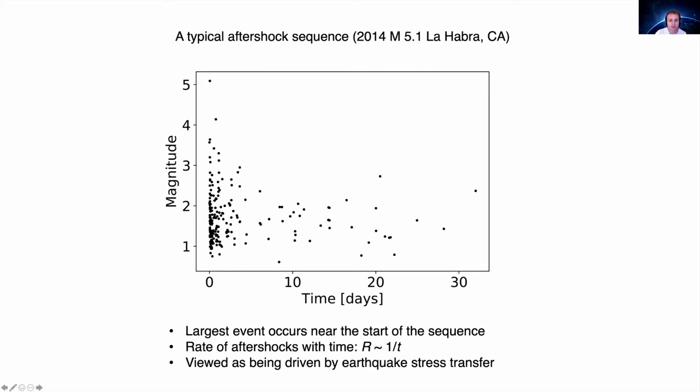In a sequence like this, there may be a few foreshocks, and then the largest event will happen. That becomes the main shock because of its magnitude. It is followed by aftershocks, which decay with time like 1/t, and that's the Omori law. Looking at a sequence like this, I think it's fair to say that we understand this type of pattern fairly well.